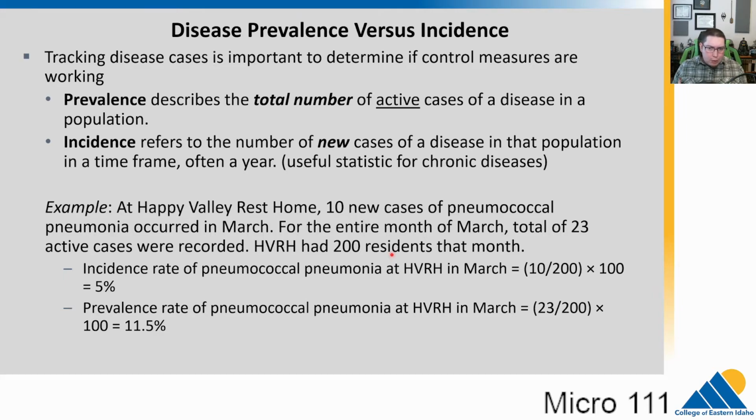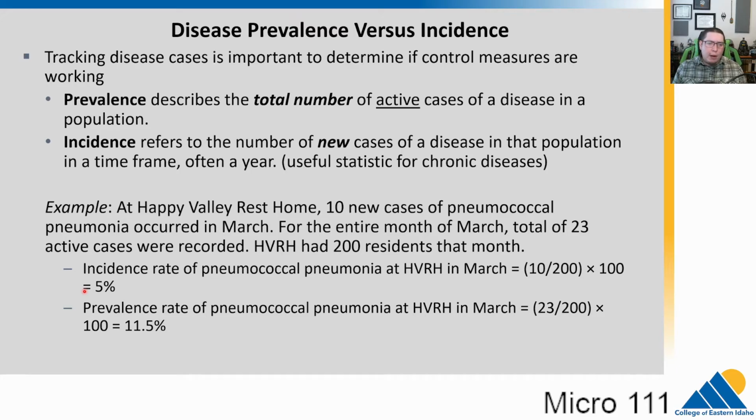They had 200 residents that month. So in this case, our incidence rate of pneumococcal pneumonia was 10 per 200, right? And then we multiply by 100 to get a percentage. That's 5%. The prevalence here was 23 over 200, which gives us 11.5%.